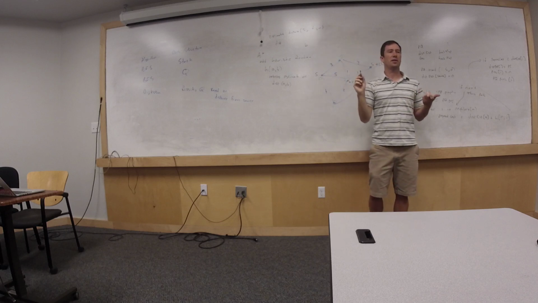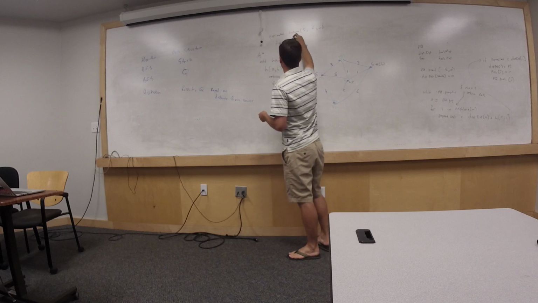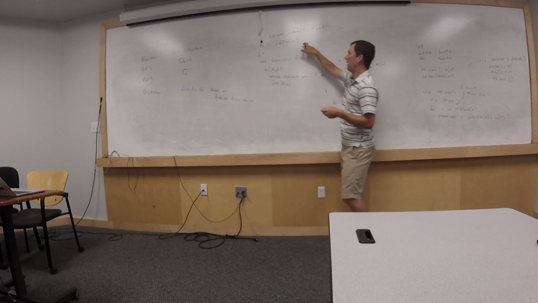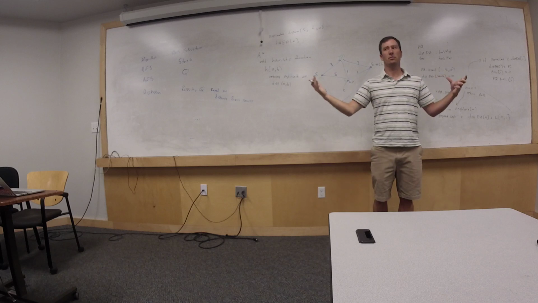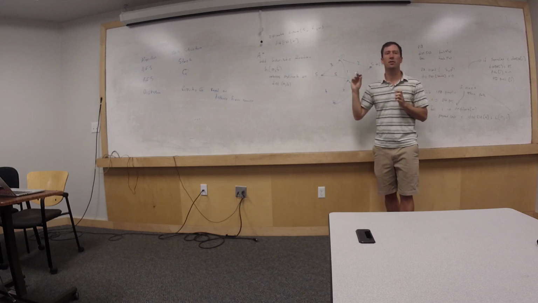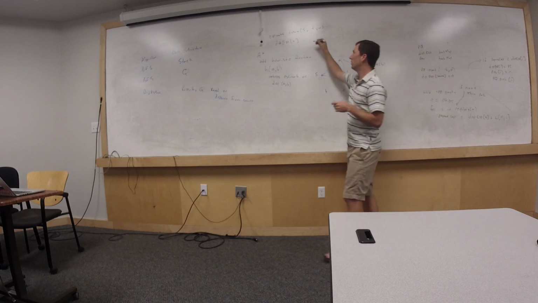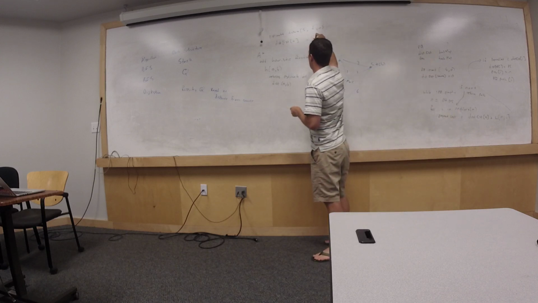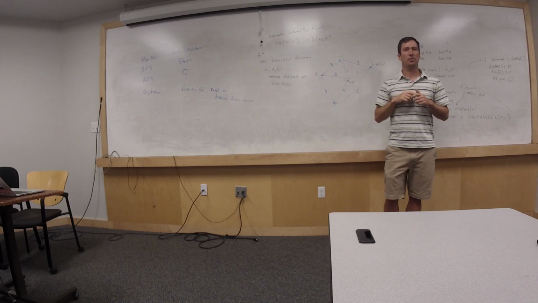We start with the distance from the source to n, and we know this exactly because we've been expanding out from the source. So this is exact. And then to go the rest of the way, we use our heuristic function, and that's going to estimate the rest of the way.